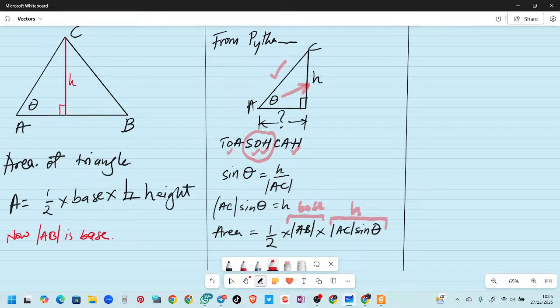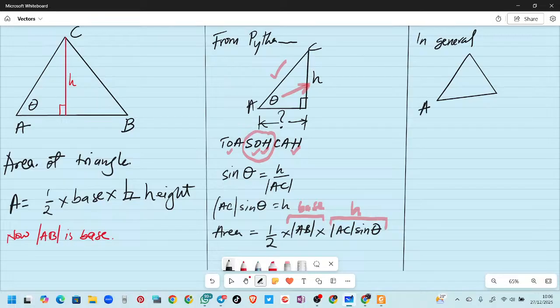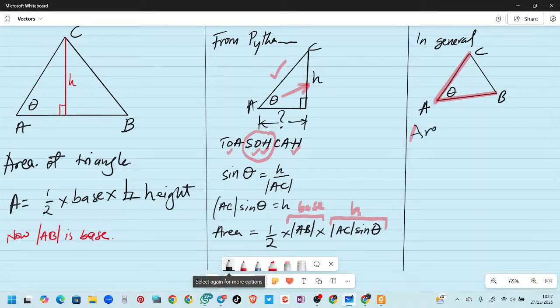So in general, what we can say in summary is that anytime you are given a triangle, A, B, C, whether A, B, C or anything, and the angle is between two lines, like this, there's an angle here, another angle here. In between these two lines, the area of the triangle becomes half these two distances, multiplying them.